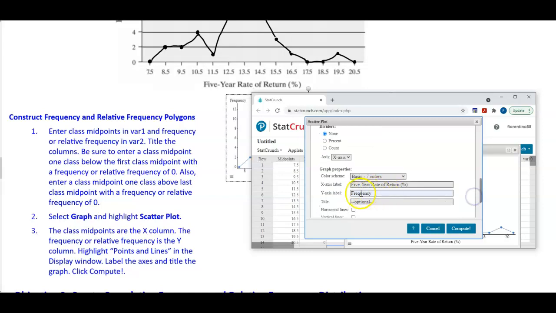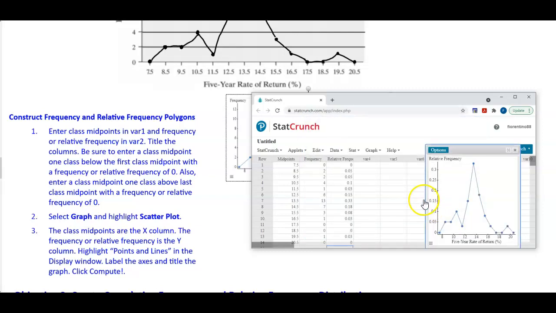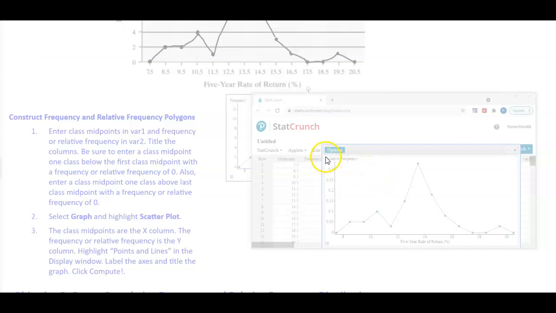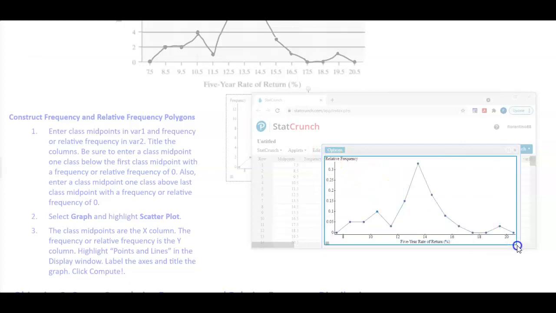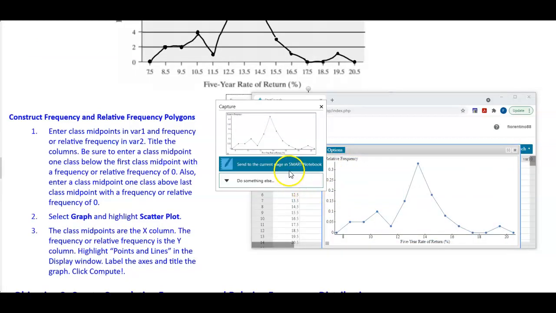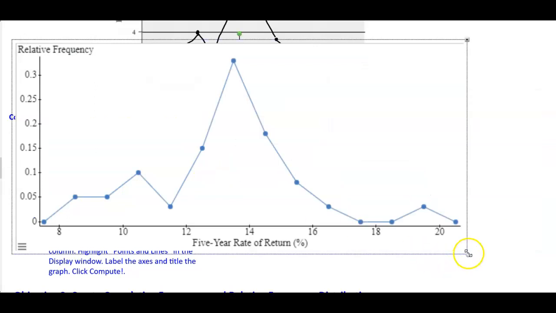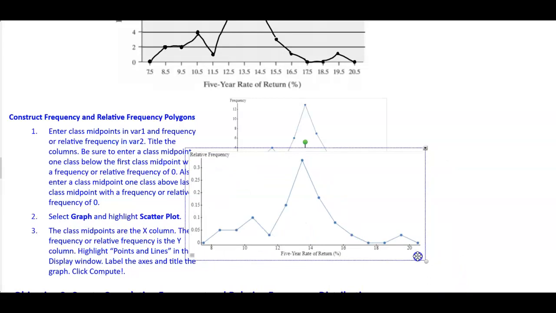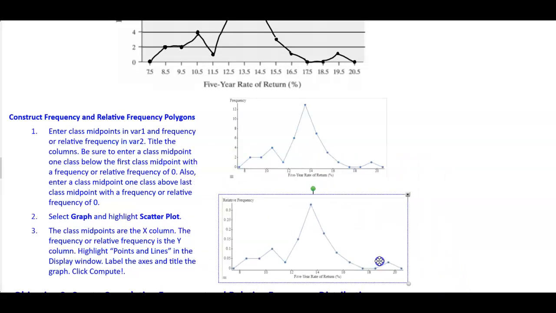Okay, and then the thing that we need to change here is the title to make sure the y-axis says relative frequency. So now let's go ahead and graph that. And now you can see that this represents our relative frequency graph. And so there, this represents our relative frequency graph using StatCrunch.